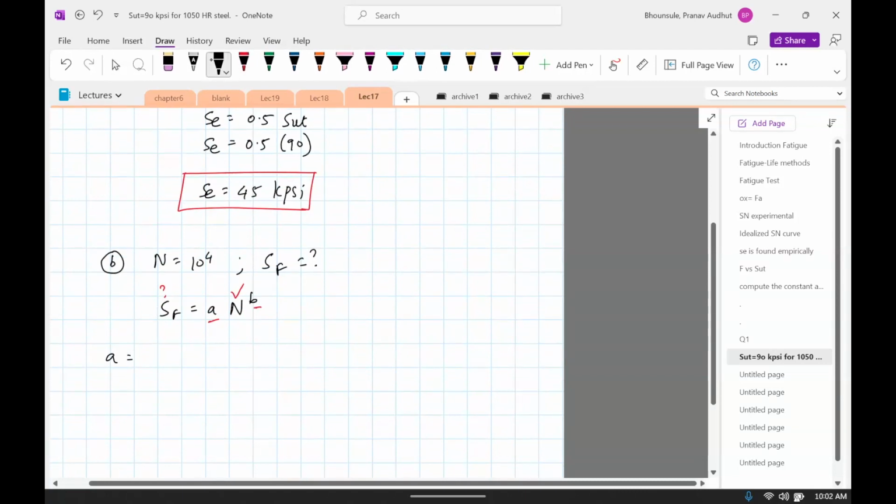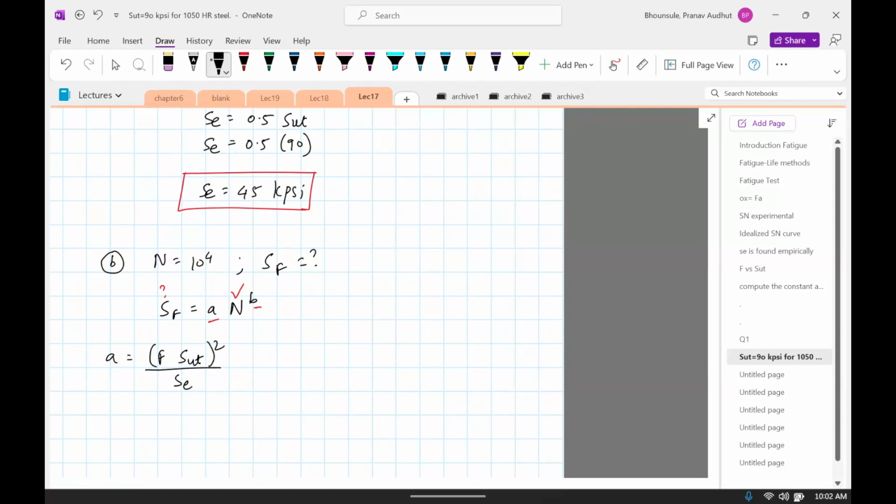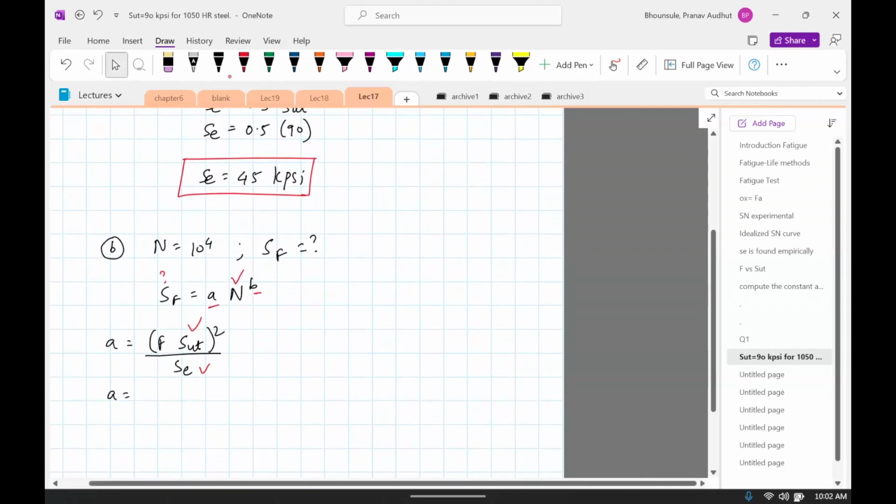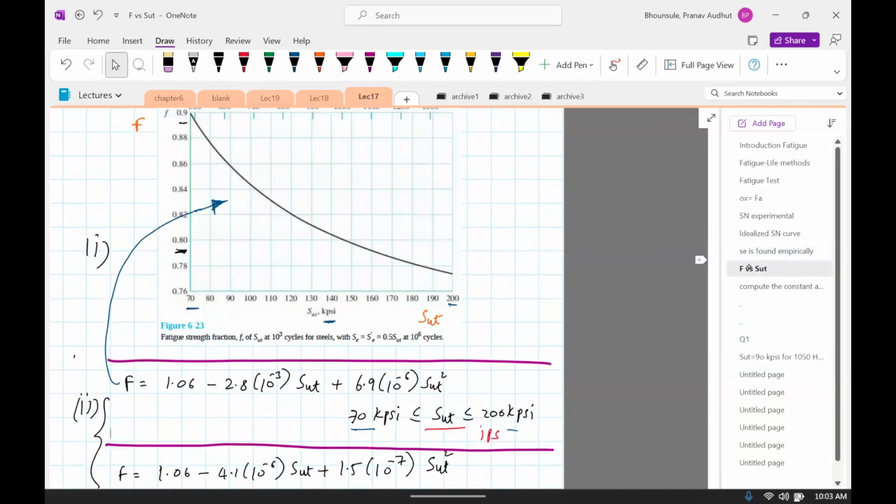Let's look at the formula for A and B, which we derived some time back. A equals F times SUT squared divided by SE. We know SUT, and we know SE, which we just computed. We do not know what F is. So the question is, how do you compute F? Let's go back to this formula.